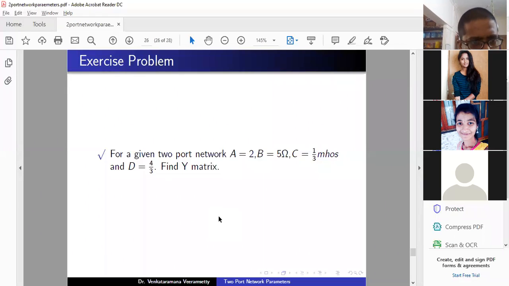So for a given two-port network, A equal to 2, B equal to 5 ohms, C equal to 1/3 mhos, and D equal to 4/3, and you have to find the Y matrix. Y matrix means Y11, Y12, Y21, and Y22.